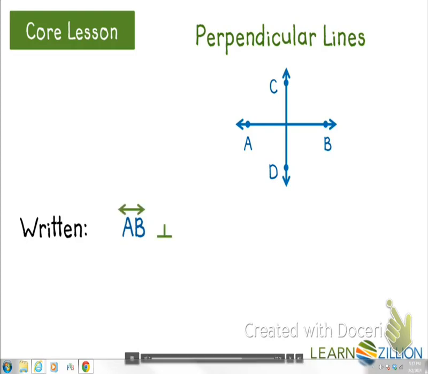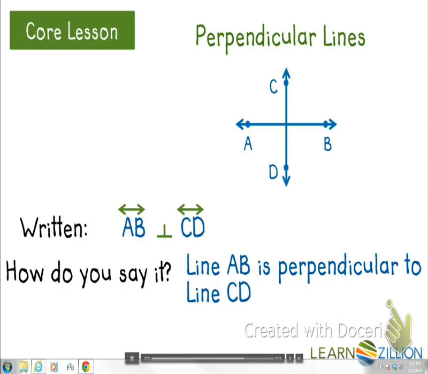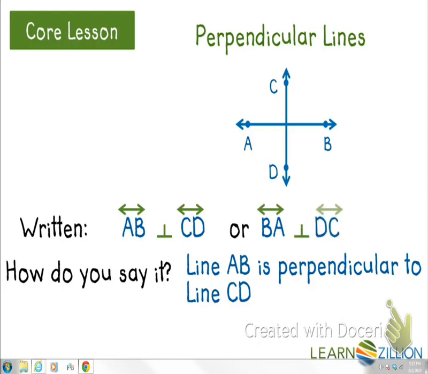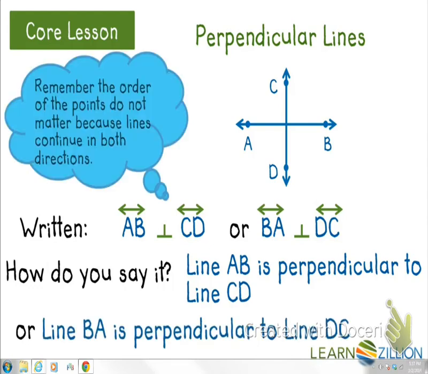And the little symbol in between the letters is a perpendicular sign. Or we could say line BA is perpendicular to line DC. We just have to remember that the order of the points do not matter because lines continue in both directions.